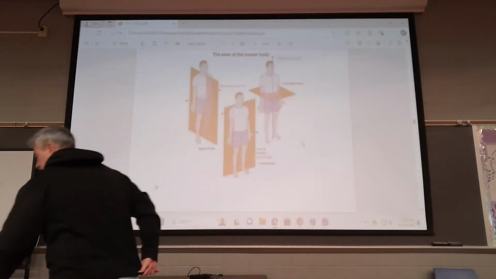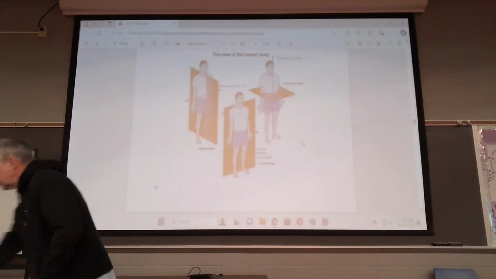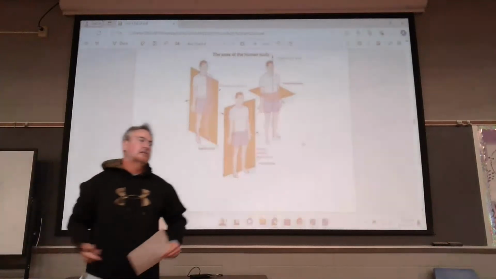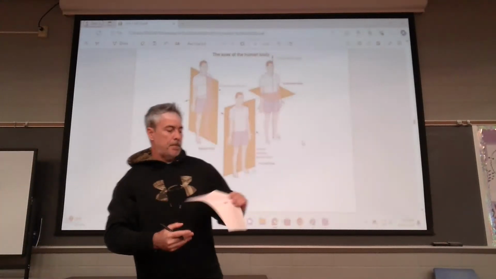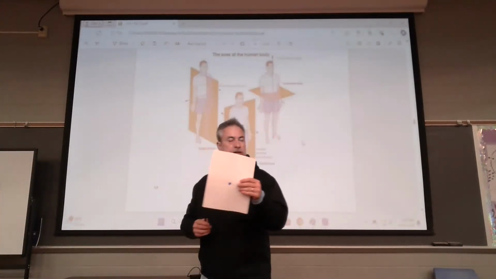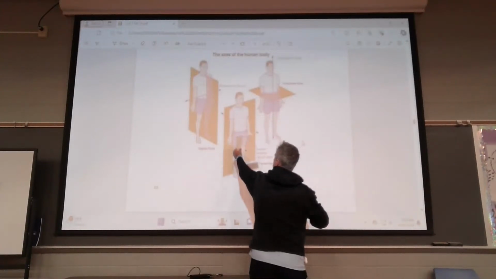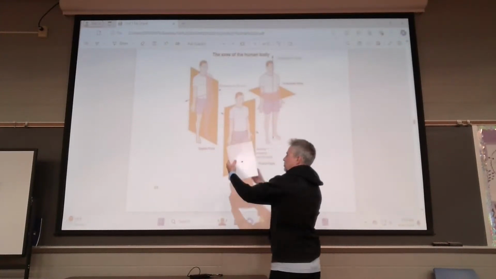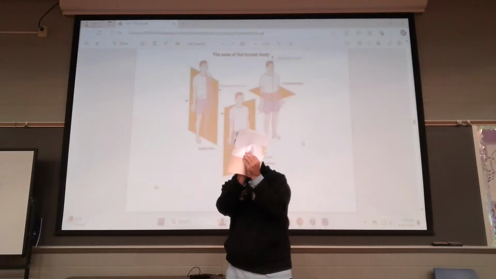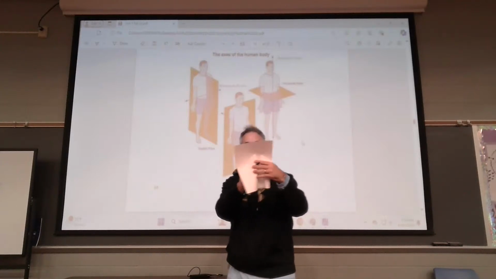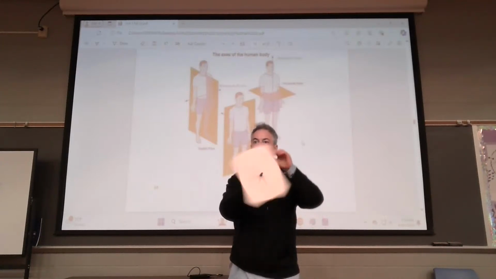Objects rotate in a plane. Objects rotate about an axis. If I wanted to spin this piece of paper in this dimension, it's going to be about an axis.